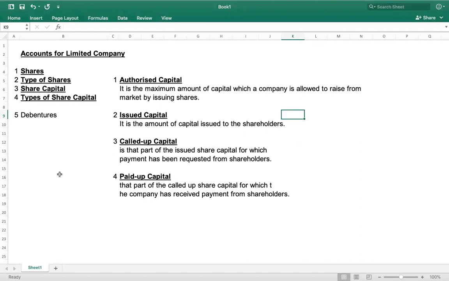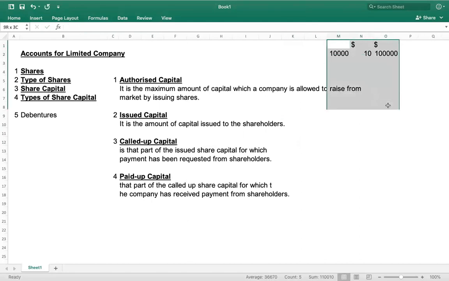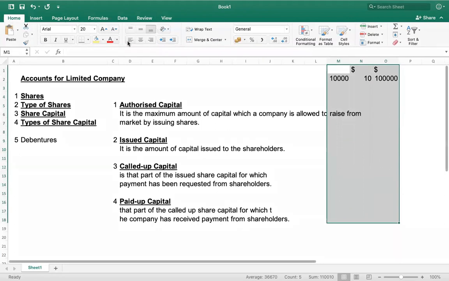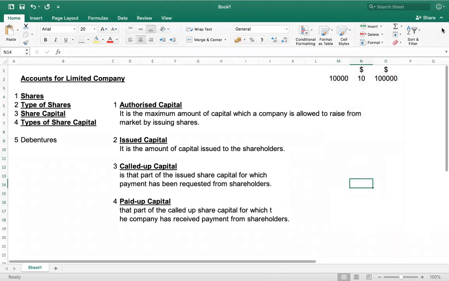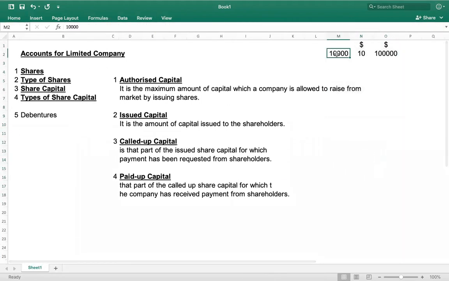Noted? Let's see, what are my authorized shares? 10,000, no? Each of $10, right? So my authorized capital is how much? $100,000. Till now, tell me this is understood or not? Authorized shares 10,000, each is of $10. So authorized capital is $100,000.